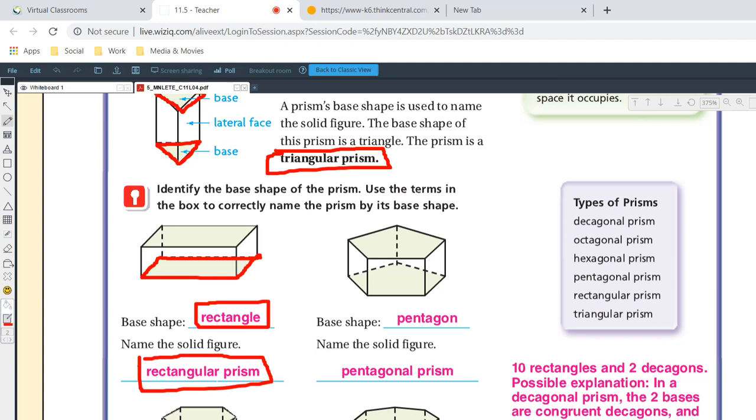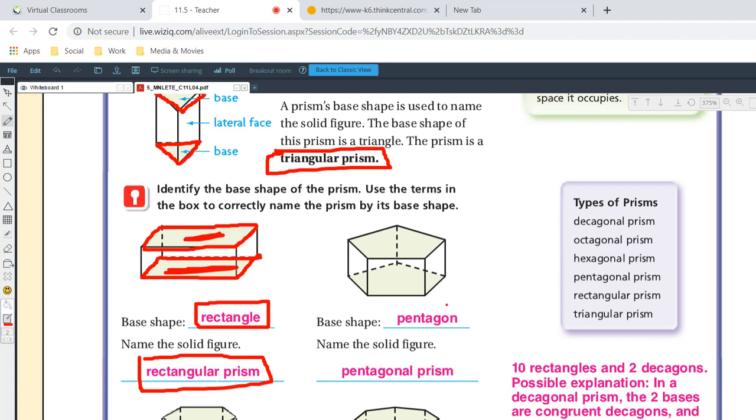As we said before, this prism has two bases, this base and this base. So we call it a prism first, and after that look at the shape of the base. The shape of the base here is a rectangle, so this is a rectangular prism.